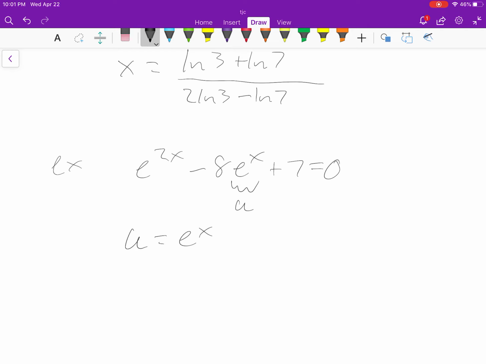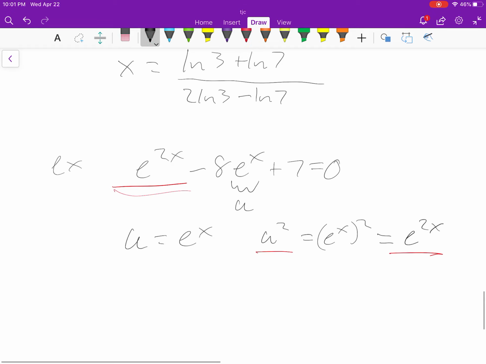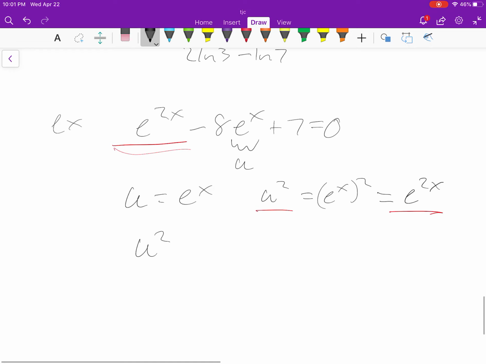And then we're going to square u. So if we square it, you're going to get that, which we know this is really e to the 2x. So we know that this u squared is going to be here because these are the same. Okay? And we substitute in our u to get u squared minus 8u plus 7 equals 0.